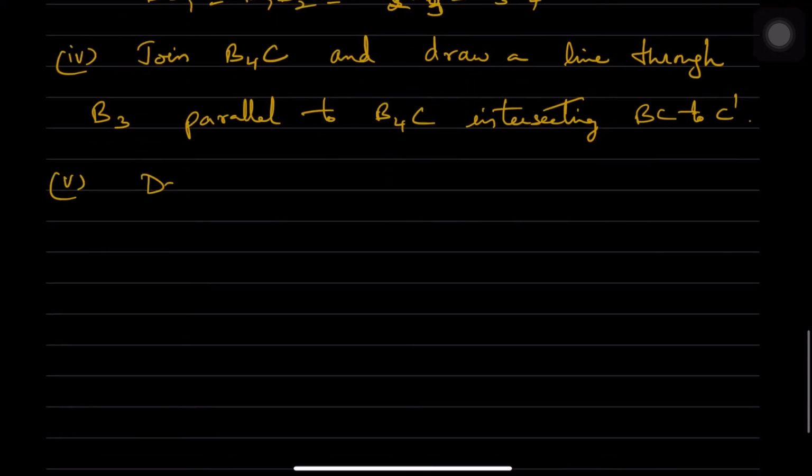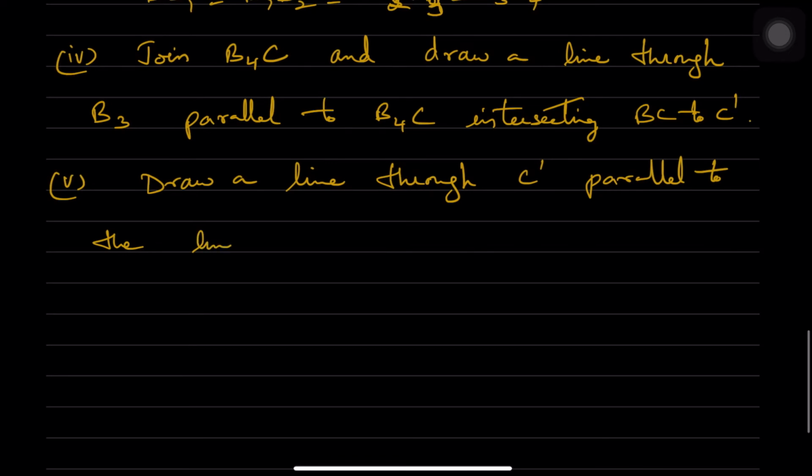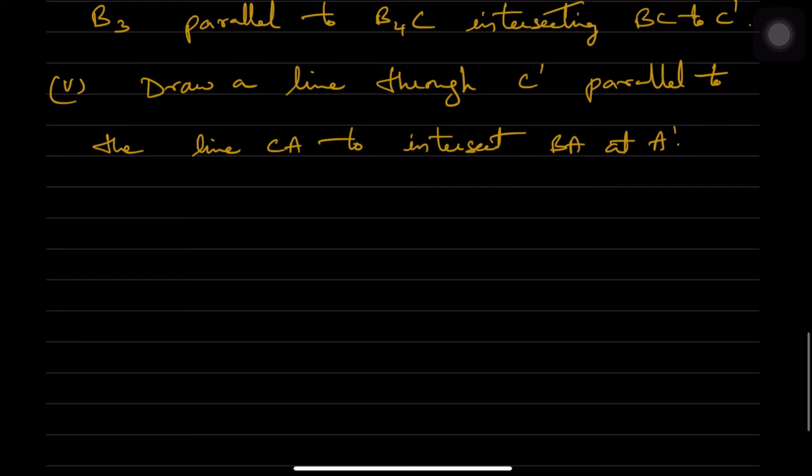Fifth, draw a line through C dash parallel to the line CA to intersect BA at A dash. Then A dash B C dash is the required triangle.